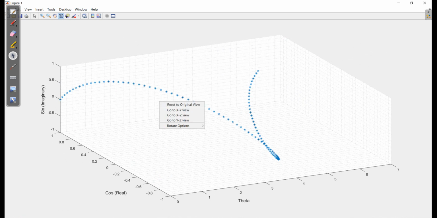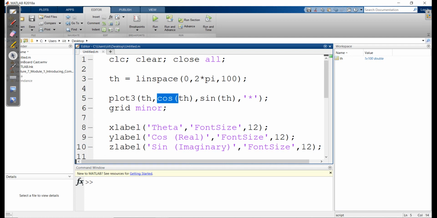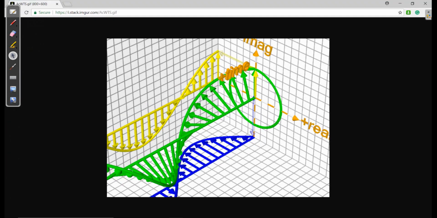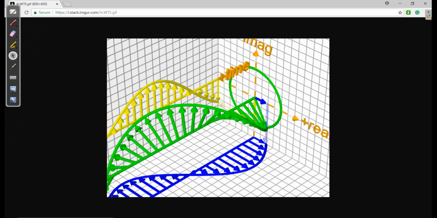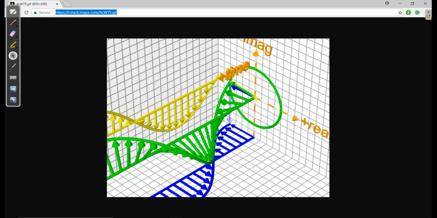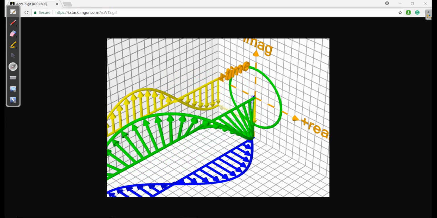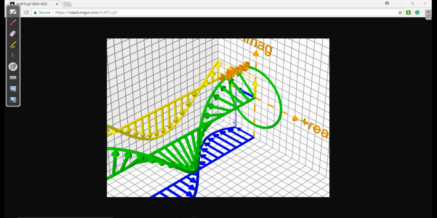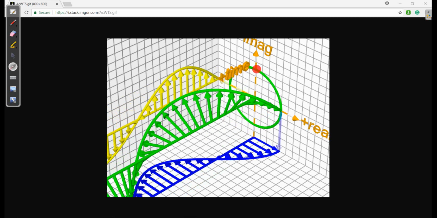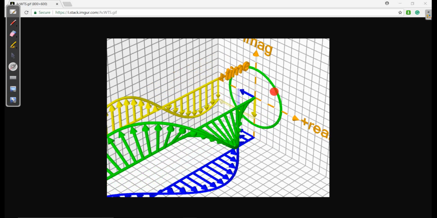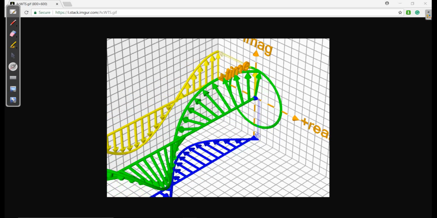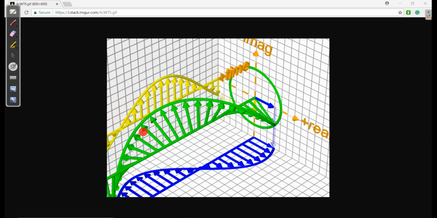Now I found some animations on the web, so let me show you how that animation looks. This image is available on this website. You can see that here I have the same complex exponential, but here that theta is getting varied. As we vary this theta, we get this spherical shape of the complex exponential, in green.